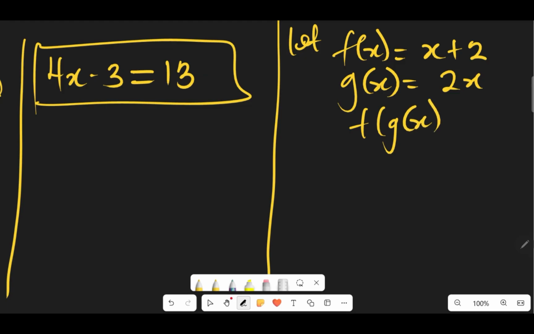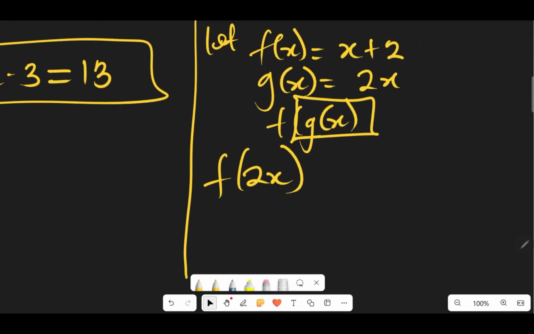Now we know our g of x is equal to 2x. Is that okay? We know our g of x is equal to 2x, and we are to find f of g of x. So it's simply that the g of x here will take the what? The 2x. So we are going to get f of what? 2x, because the g of x is the 2x.